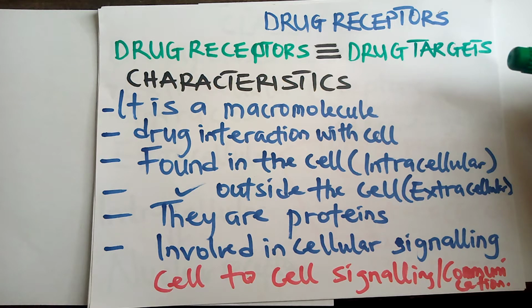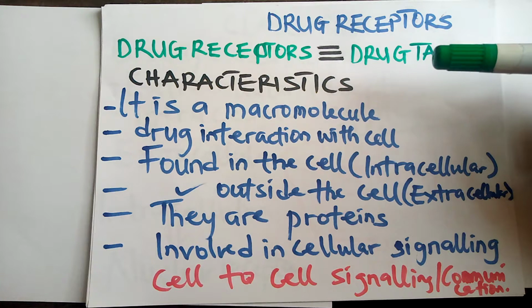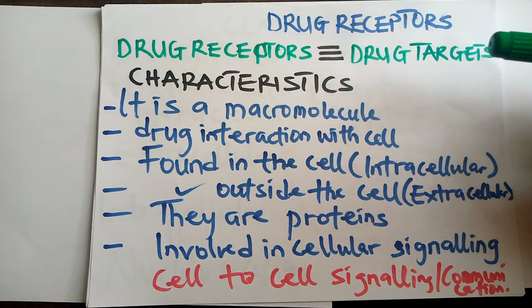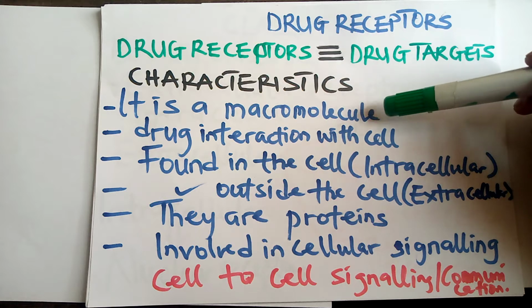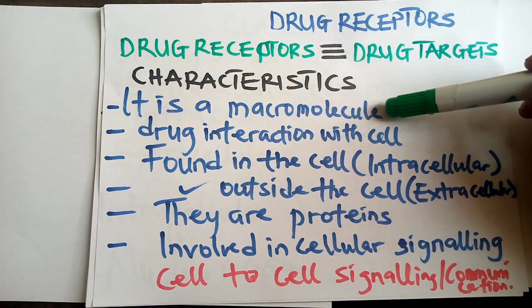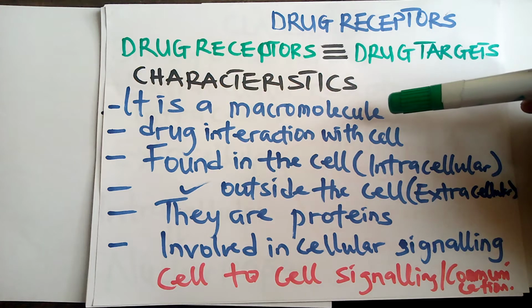These are some of the characteristics of a drug receptor, also called a drug target. Number one, it's a macromolecule that can be found on the inside or on the outside of the cell.